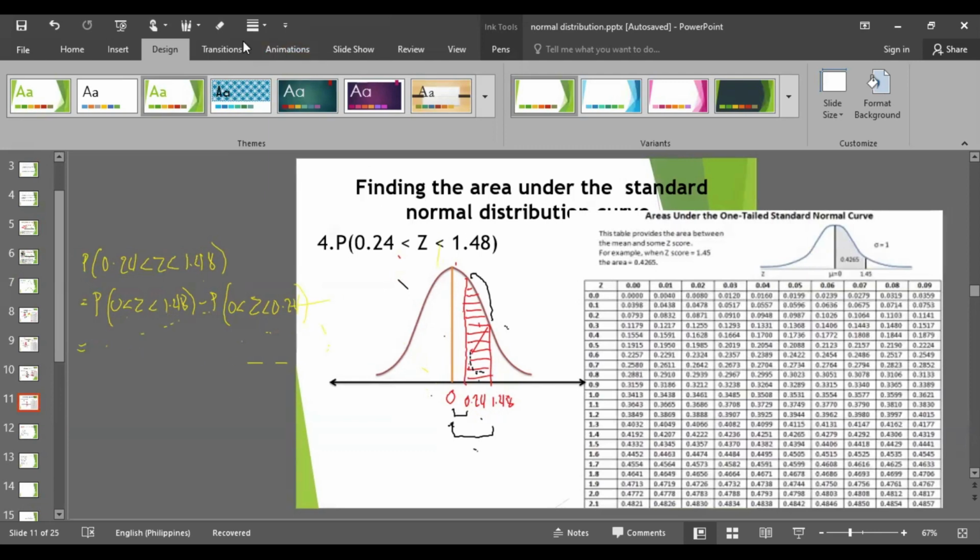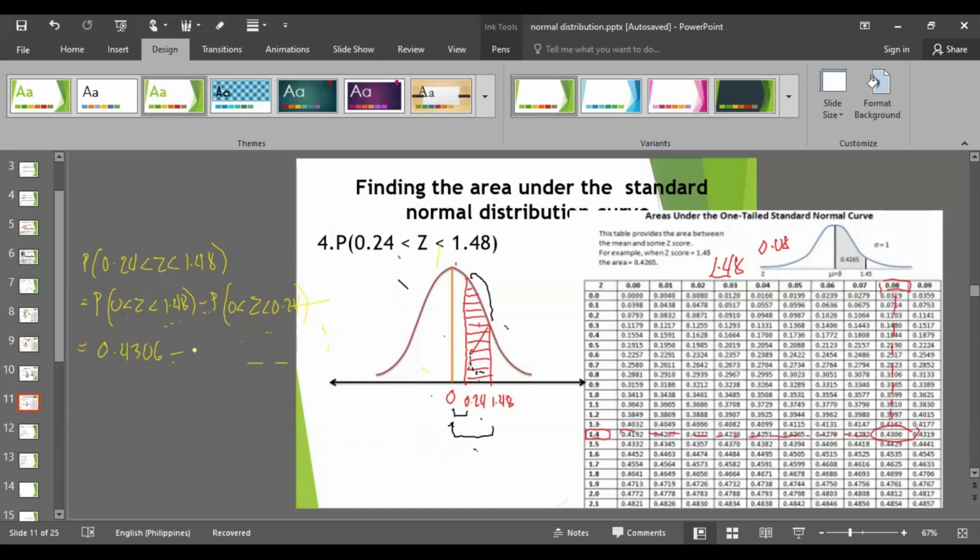Sige, locate 1.48 in the table. 1.4 is right here. And 0.08 is right here. Get the intersection. It's 0.4306.